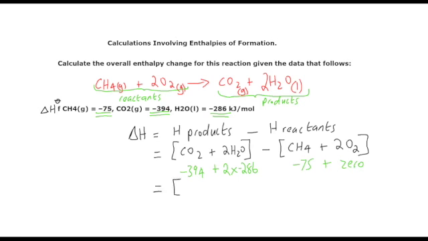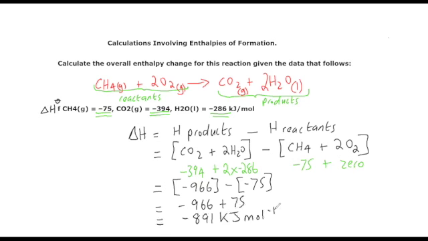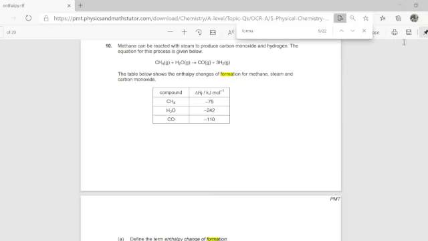So if I now add up the first bracket, that comes up to minus 966. If I add up the second bracket, it comes up to minus 75. 2 minuses make a plus. So I join those two numbers together and I get minus 891 kilojoules per mole. That would be a 3-mark question. All you look for is delta HF.